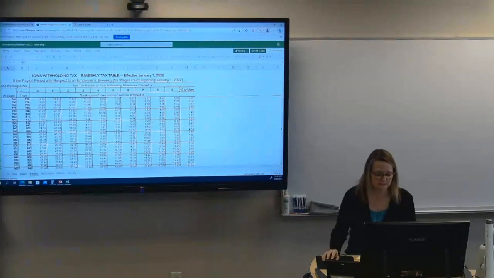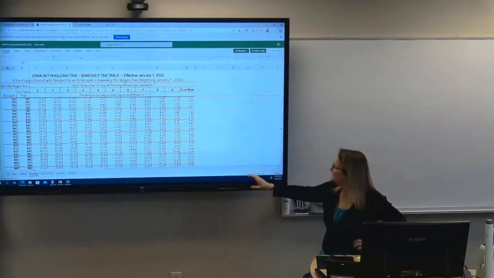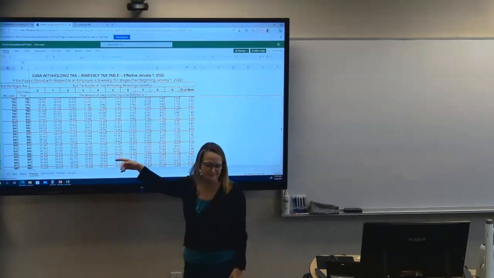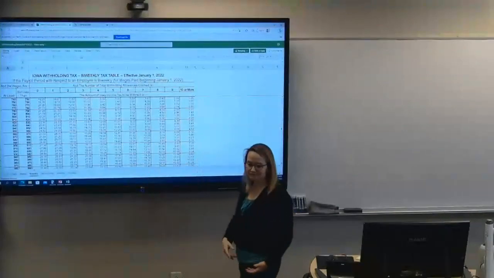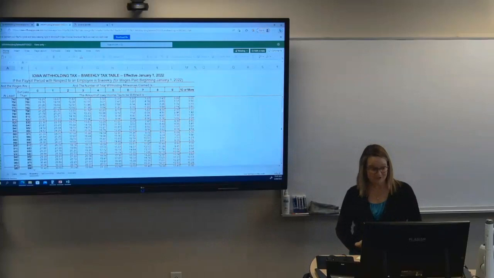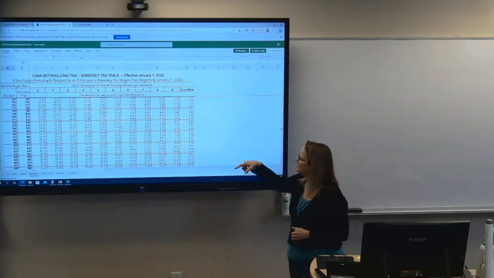So take a peek and you can see. The tables for federal were rounded to the nearest dollar. These have cents, right? Even though, at the state level, when we actually prepare a tax return, we're rounding to the nearest dollar. But we do use that.